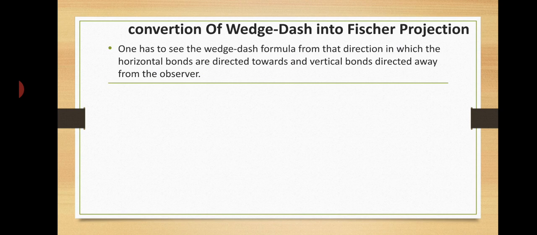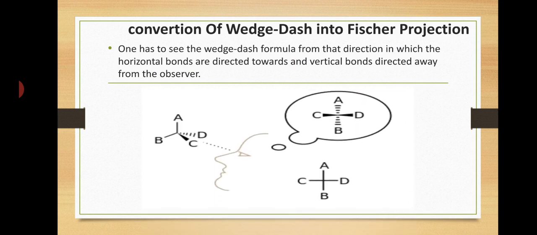One has to see the wedge dash formula from the direction in which the horizontal bonds are directed towards the observer and vertical bonds are directed away from the observer. Okay, by seeing an example we can clarify that point.